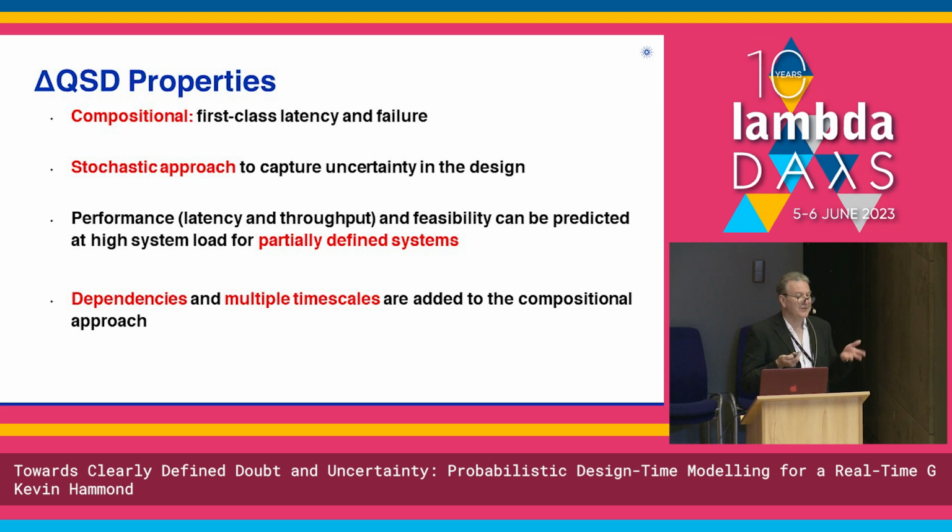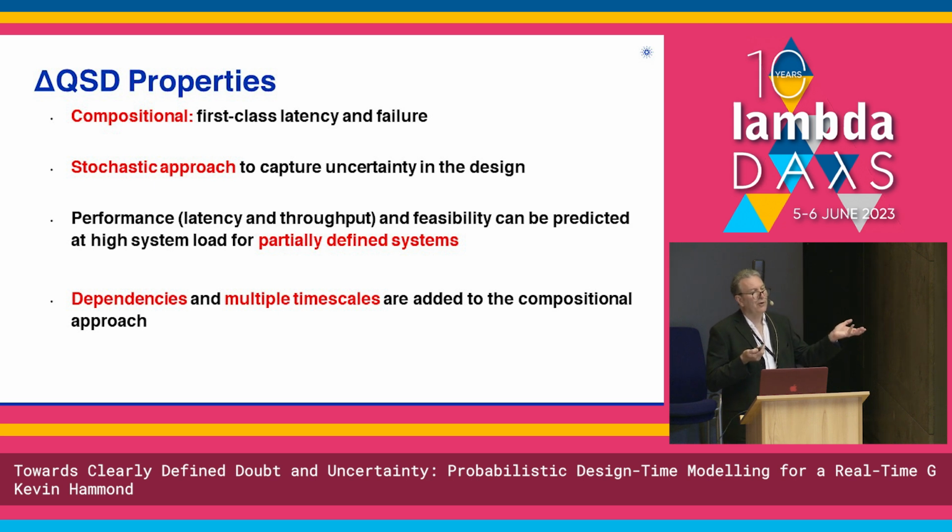It takes a stochastic approach to capture uncertainty in the design, using various probabilistic statistical methods. It allows performance and feasibility to be predicted at a high system load, even for a partially defined system. So that's very important.